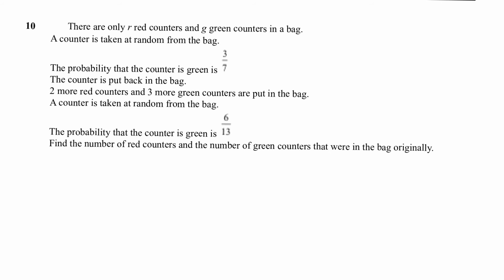So what we're going to write, so we know the probability of the green first time was 3 out of 7. So another way of writing that is 3x over 3x plus 4x, 4x being the red, because it's only red and greens.